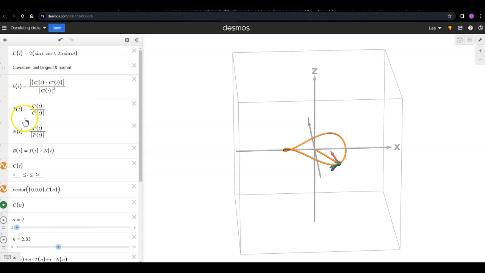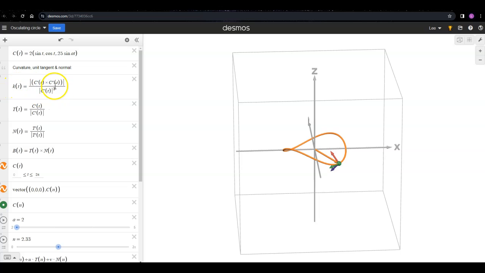But notice for all of these, I didn't have to really calculate it out for Desmos to display things. So this curvature formula, which we know can take a while to compute out, I'm just putting in this definition in terms of C, because I know my definition for C. So I have C prime cross C double prime, magnitude of that vector, divided by the magnitude of C prime cubed.